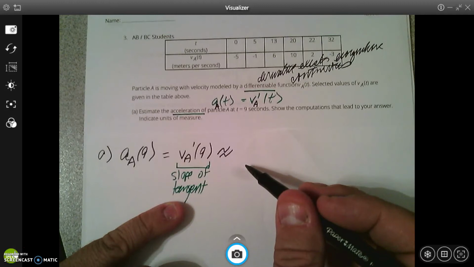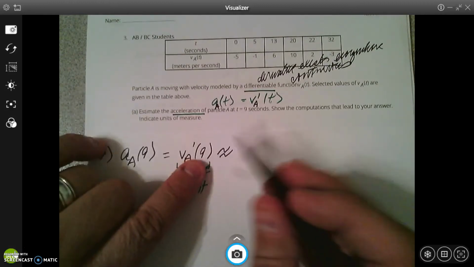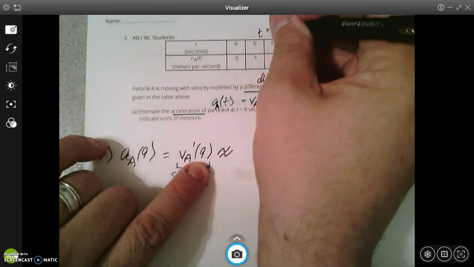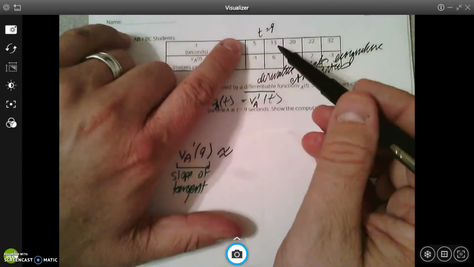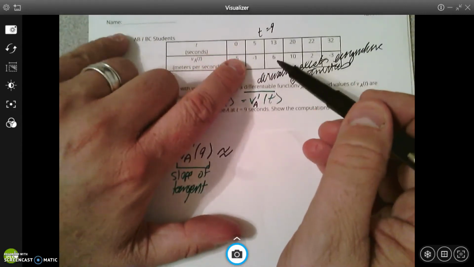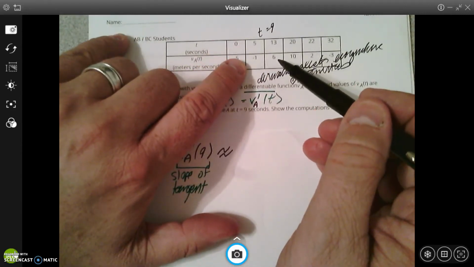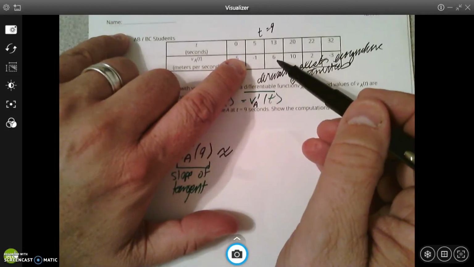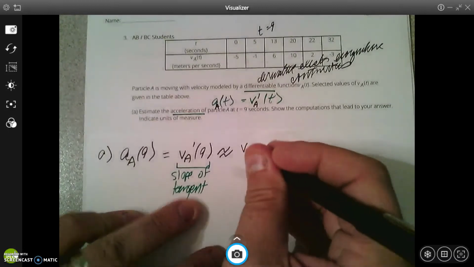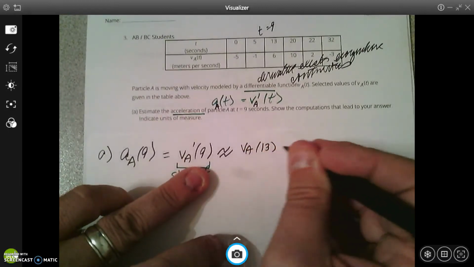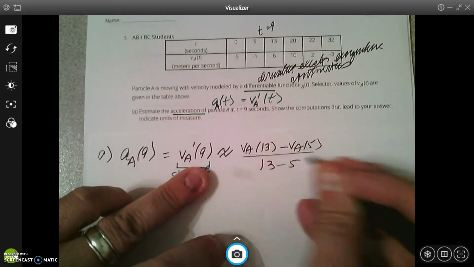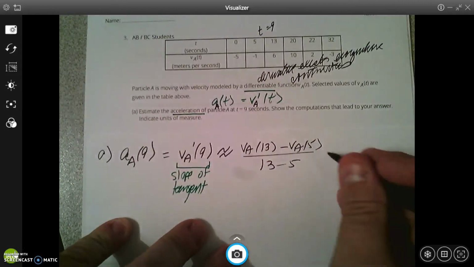Slope of the secant line means you need 2 points. I'm approximating at time 9, which is conveniently located in between times 5 and 13. At each of these times, I know the velocity, and so what I can do is find the slope of the secant line that connects these 2 points, and so that'll be v sub a of 13 minus v sub a of 5 divided by 13 minus 5.